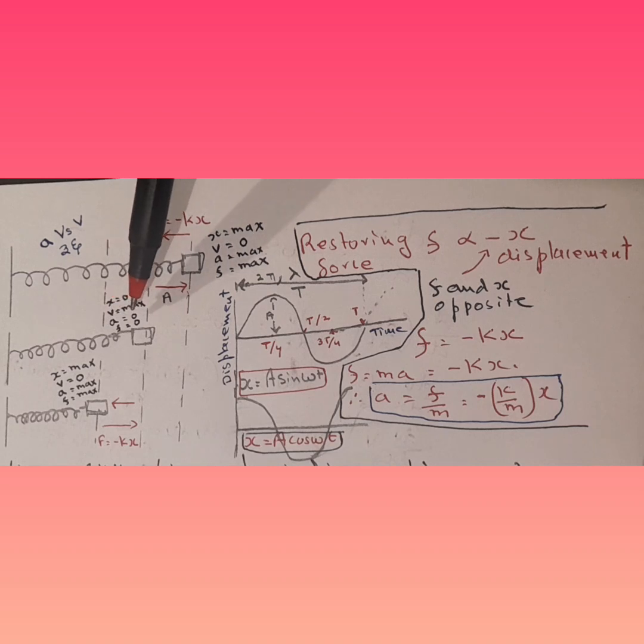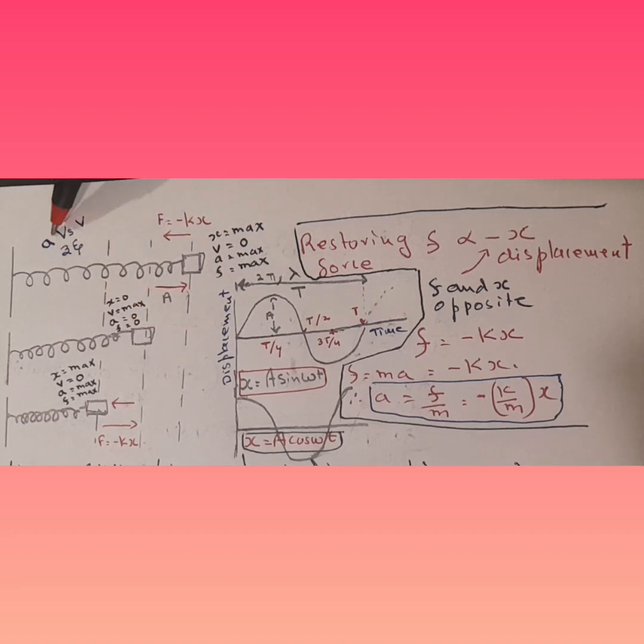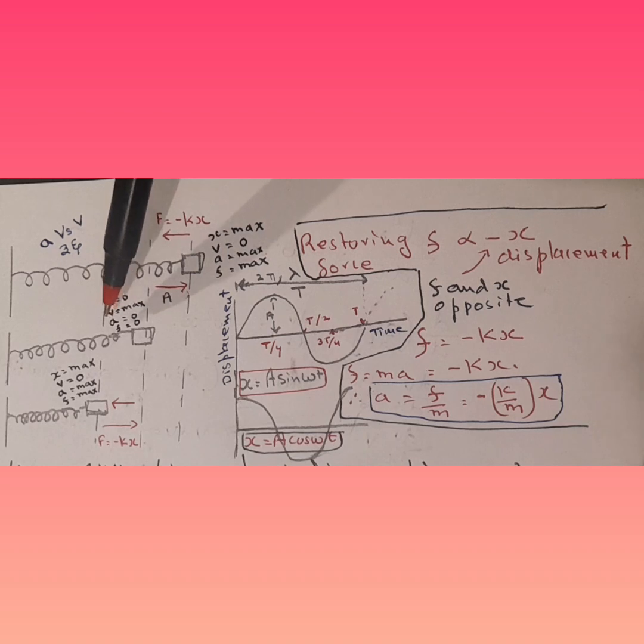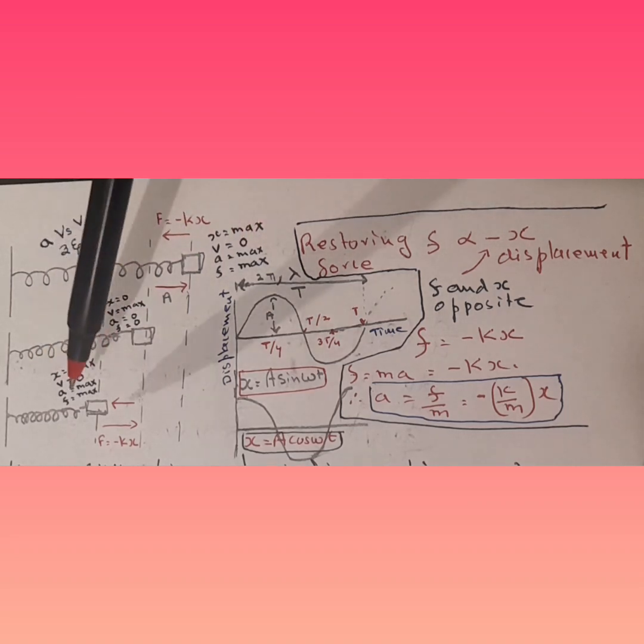So velocity is maximum here in the mean position, whereas it was 0 at the extreme. Now if velocity is maximum, remember the 36 ka aakada, so acceleration would be 0. Then force is equal to 0 also, because force is equal to ma.